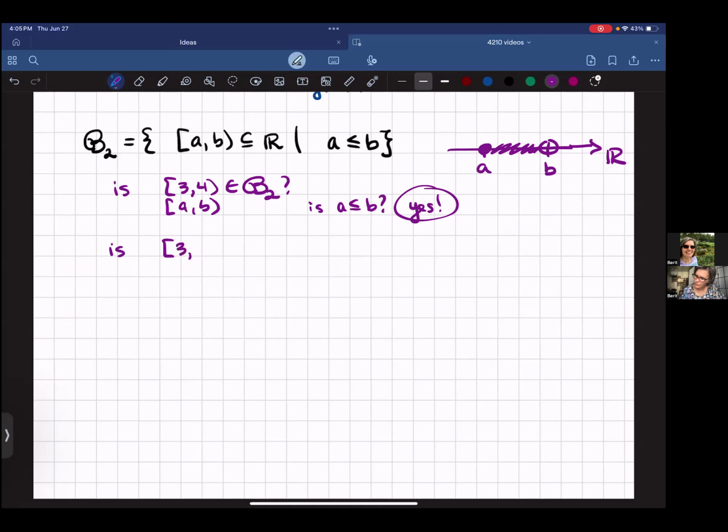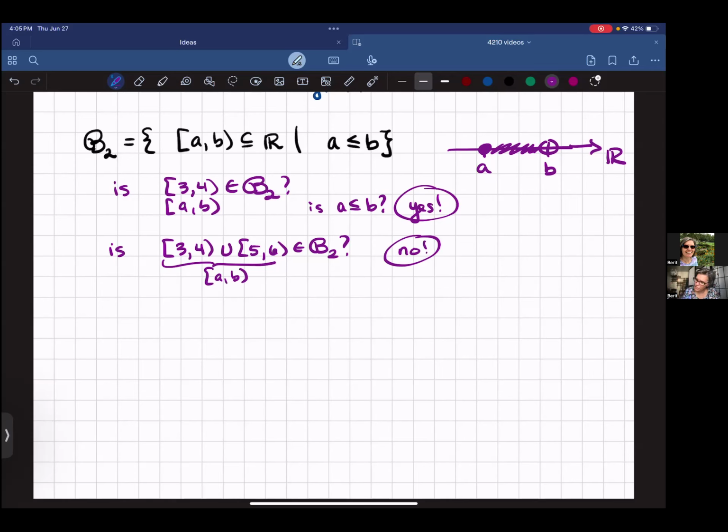Is [3, 4) union [5, 6) in B2? So if I were to try to think of this whole thing as having the form [A, B), well, sadly, it doesn't have that form, right? It doesn't have the right form. So that's no. We don't even really get to the point of asking is A less than or equal to B. You just can't write it in that form.